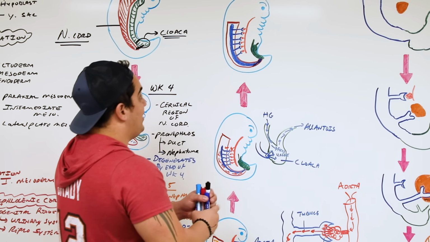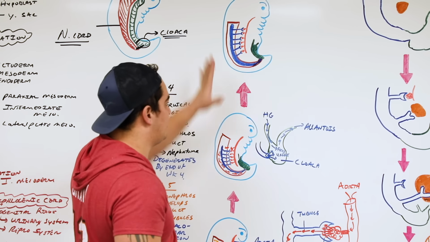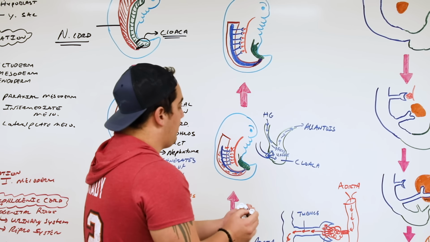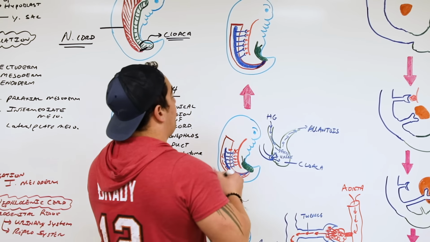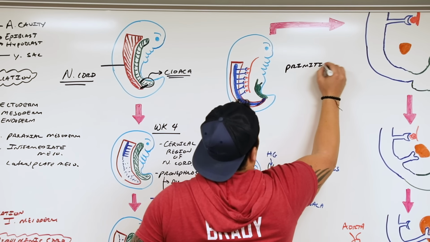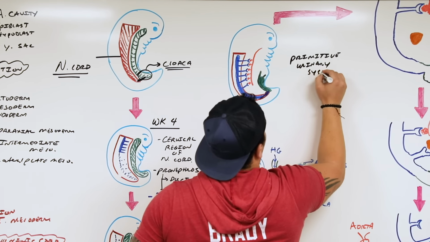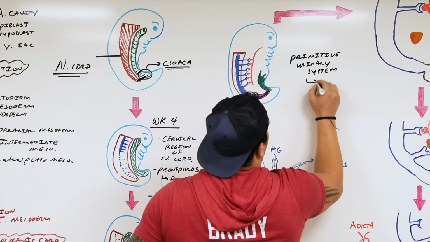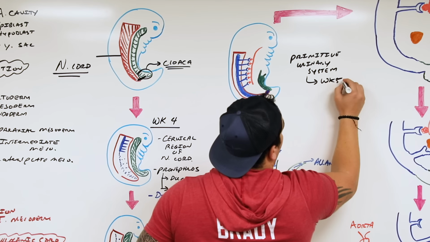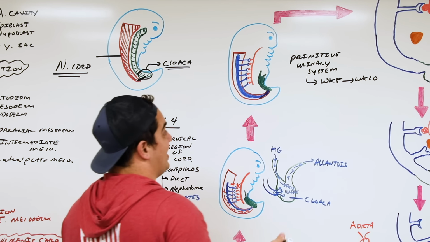So now, as you can see here, we finally formed our primitive kidney structure, which is what? What is the primitive kidney? This primitive urinary system is actually going to continue to make urine. It makes urine from about week 5 till about week 10. And we'll see what happens in the next step.